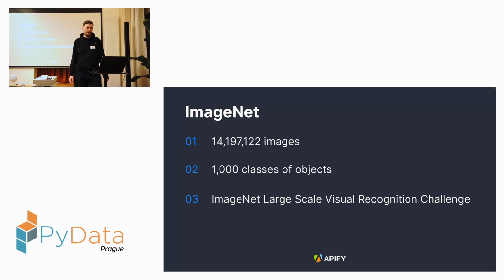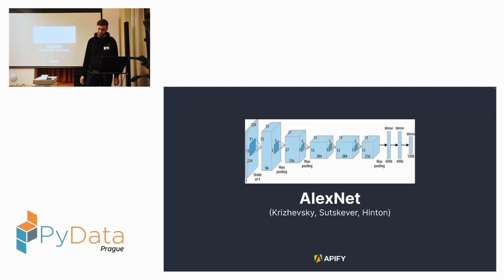But the interesting thing is that this challenge led to a machine learning model that is nowadays considered the pivotal thing that has changed the landscape of AI, and it is AlexNet. This model was introduced in 2012, and I'm also mentioning the names. The first author, his first name is Alex, that's obviously the name of the neural network.